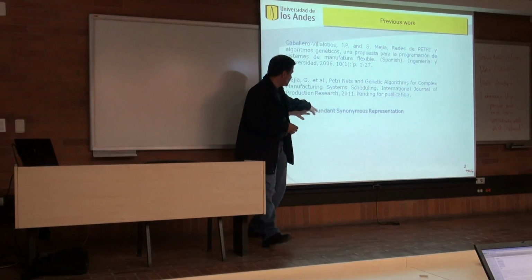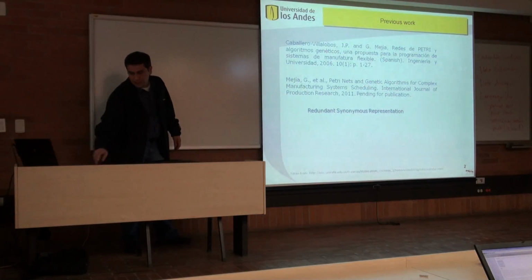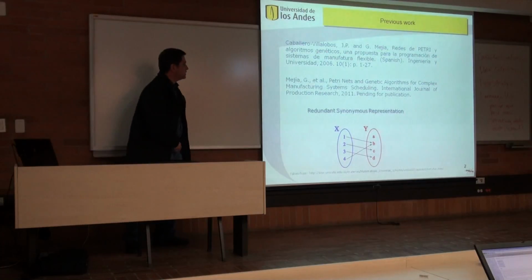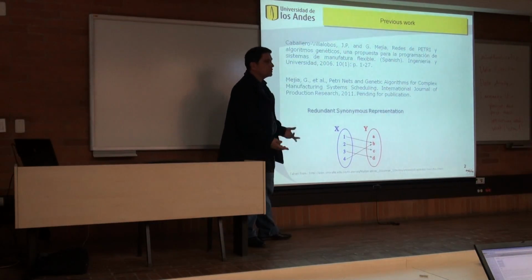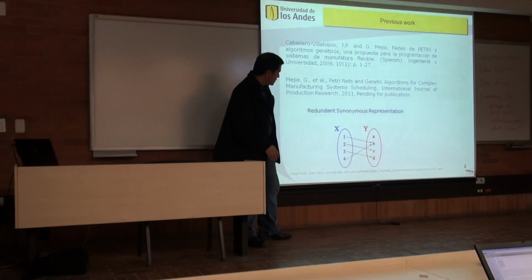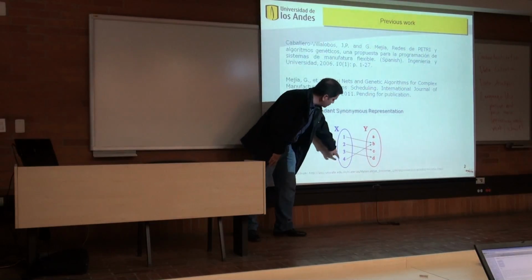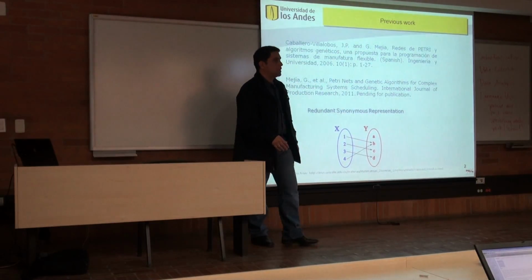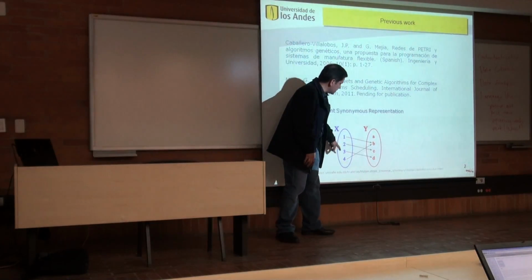What does it mean? It is basically when the representation of the chromosome that we use in the genetic algorithm looks different, for example, number 1 and number 4, but the solution that it represents is the same.